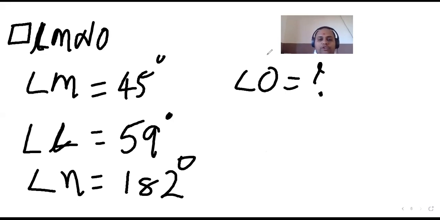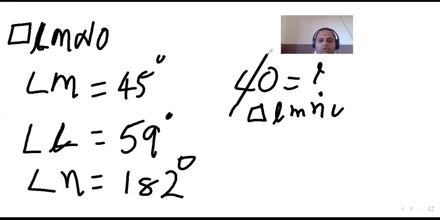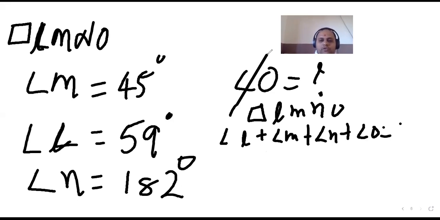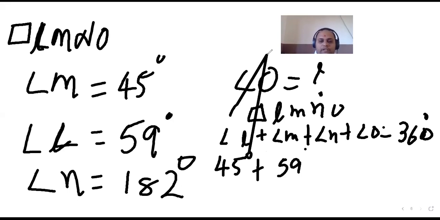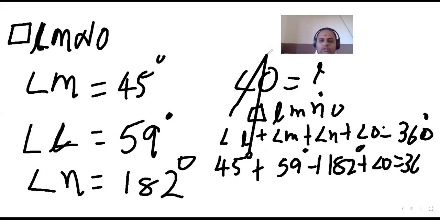For quadrilateral LMNO, angle L plus angle M plus angle N plus angle O is going to be 360 degrees. So angle L is 45 degrees plus angle M is 59 degrees plus 182 degrees plus angle O is equal to 360.